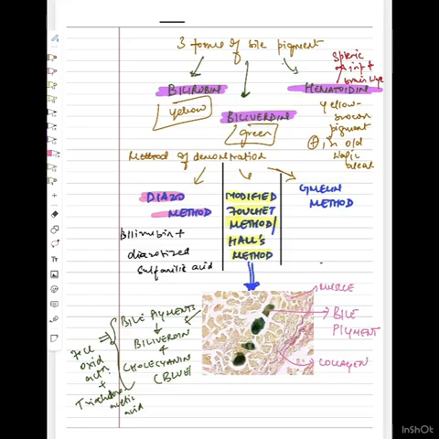The third is the Gmelin method, and in this Gmelin method there is a spectrum of color change observed in the bile pigments. The bile pigments become yellow, then they become green, then they become blue, then they become purple, and they become red.